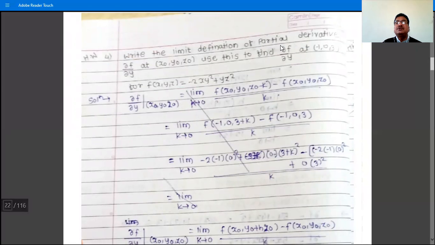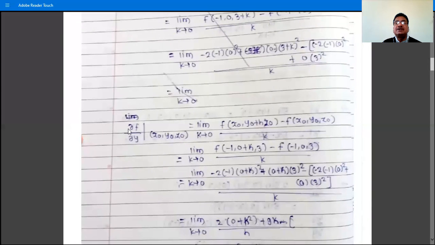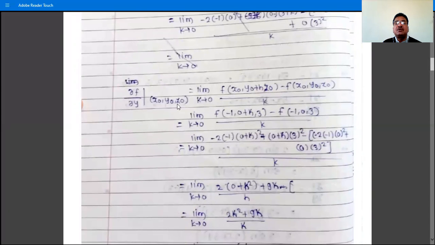Write the limit definition of the partial derivatives of f at (x₀, y₀, z₀), and use it to find the derivative at (-1, 0, 3). The function is given. So the partial derivative with respect to y at (x₀, y₀, z₀) is limit k tends to 0, f(x₀, y₀ + k, z₀) minus f(x₀, y₀, z₀) by k.